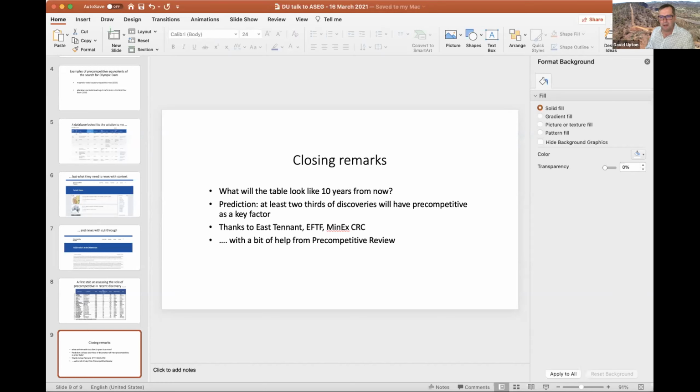That's what really makes people think, wow. And wouldn't it be great if we get a discovery in East Tennant and an ore body? So yeah, it's certainly worth looking at, and one of the whole toolkit, I guess, we need to really persuade people that pre-competitive is just so important.